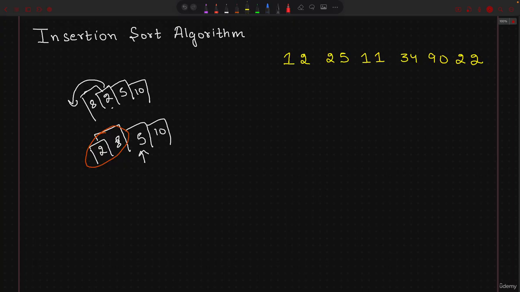So in round one, I will just assume that I have 12. In round 2, we have 12 and now we got 25. So 25 seems to be fine. The very first one, a single element, is always sorted. Then I see 25.